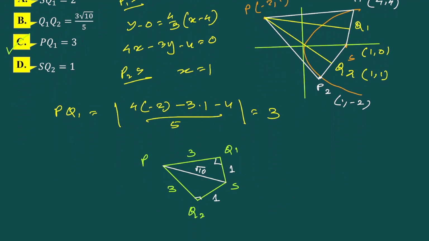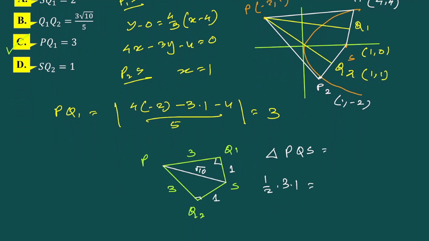Now the area of PQ1S is half base into altitude. So we can write half into 3 into 1. Once again we can get the area of PQS using half base into altitude, if we drop a perpendicular here.